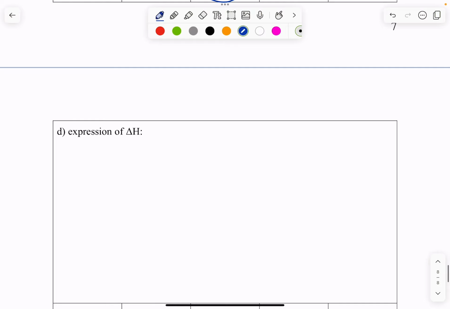Next up, expression of delta H. So we can solve delta H by using Qp equals delta H, and that's the same as we solved before, 7 over 2 P times V final minus V initial.